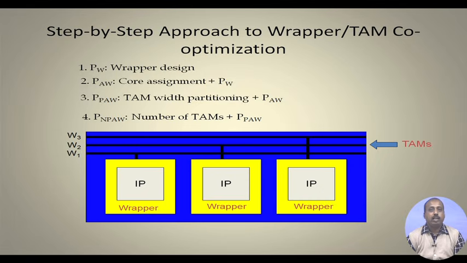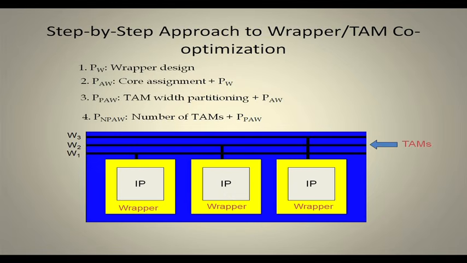For every core, we have seen that giving different TAM width in the wrapper, giving different WPI lines, generates different test time for the cores. At the same time, when I am given a TAM, I need to partition it, and this partitioning should ideally be the best for all the cores, but that is not possible. So we have to have some trade off.